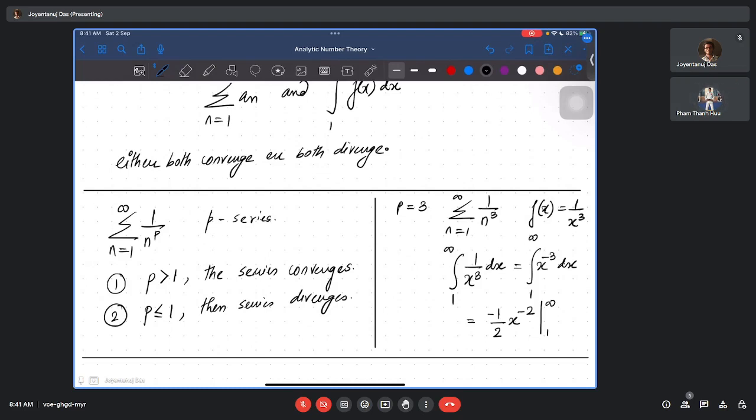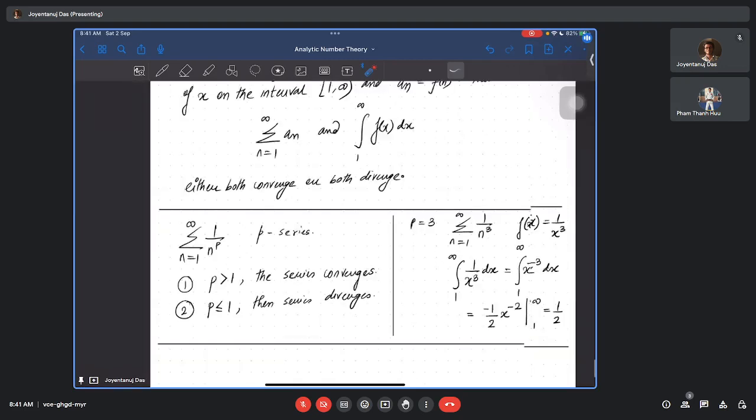So the upper limit gives 0 and the lower limit gives minus half, and it is already minus of minus half, so the value is half. So this integral is convergent. It has a particular value, so I can also conclude that the series is convergent. That is how the integral test helps us.